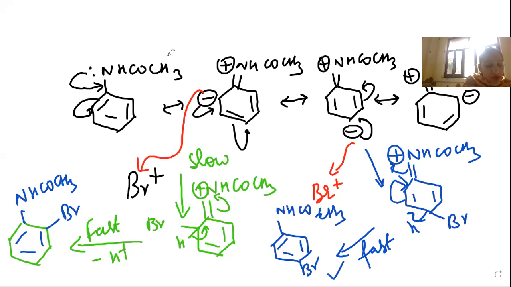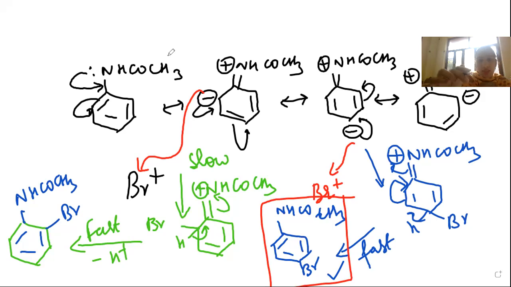So this is the para product, right? When we use the ceric ammonium nitrate and KBr combination, we will be getting only this product exclusively. In this way, you can write the mechanism of this reaction.